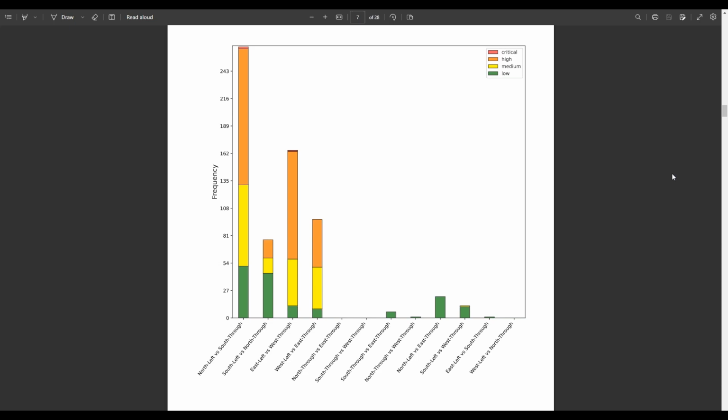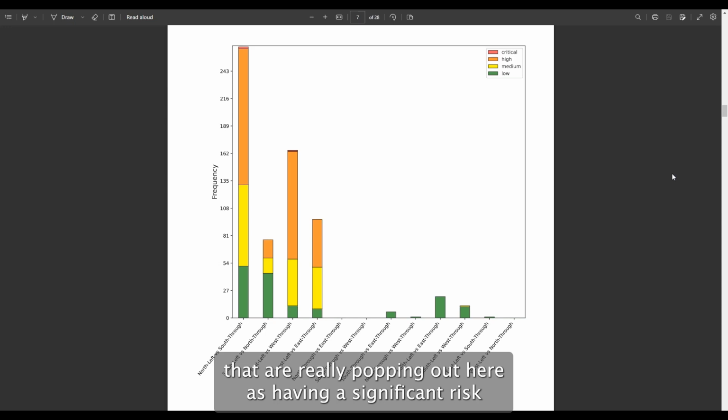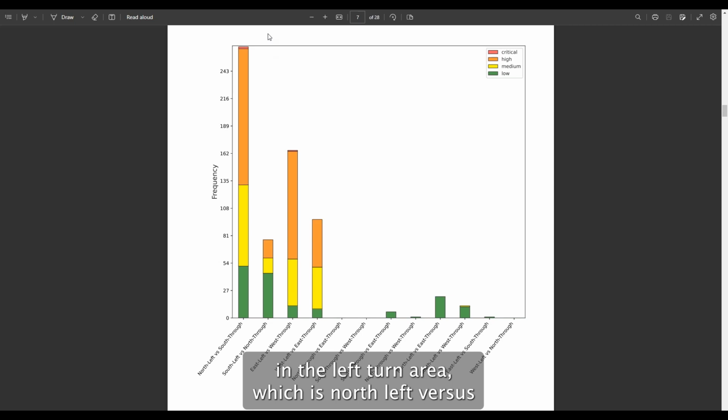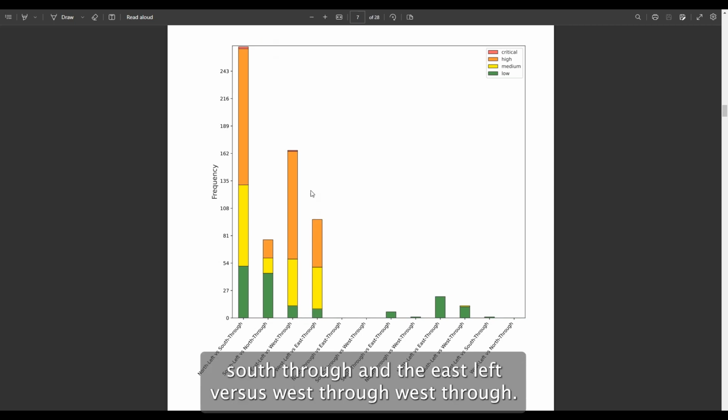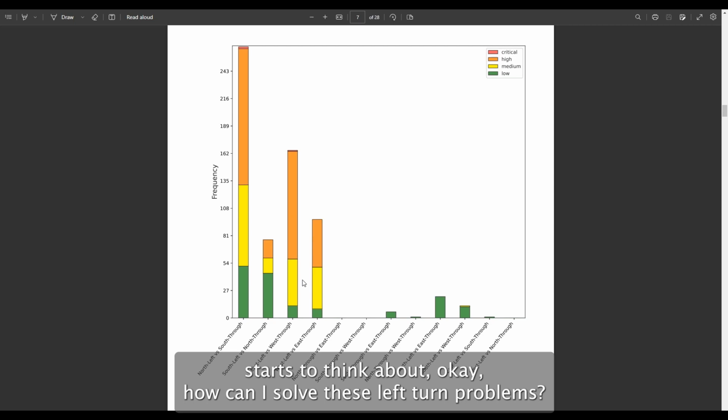And you can see at a glance, there are two movements that are really popping out here as having a significant risk in the left turn area, which is north left versus south through, and the east left versus west through. And the engineer then starts to think about, okay, how can I solve these left turn problems?